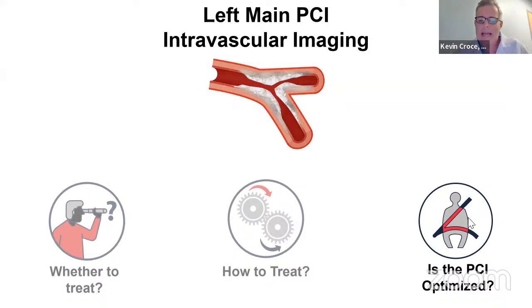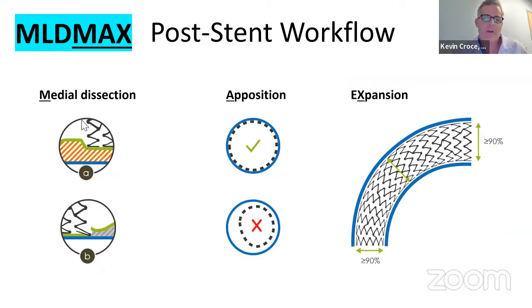So once we get a stent implanted and post-dilated, the next part of imaging becomes to ask, is the PCI optimized? The steps for this are to make sure that there's no major medial dissections at the edges of the stent. We understand apposition to the extent that it can make it difficult to recross, although it's not a major driver of MACE as long as the stent is well expanded.